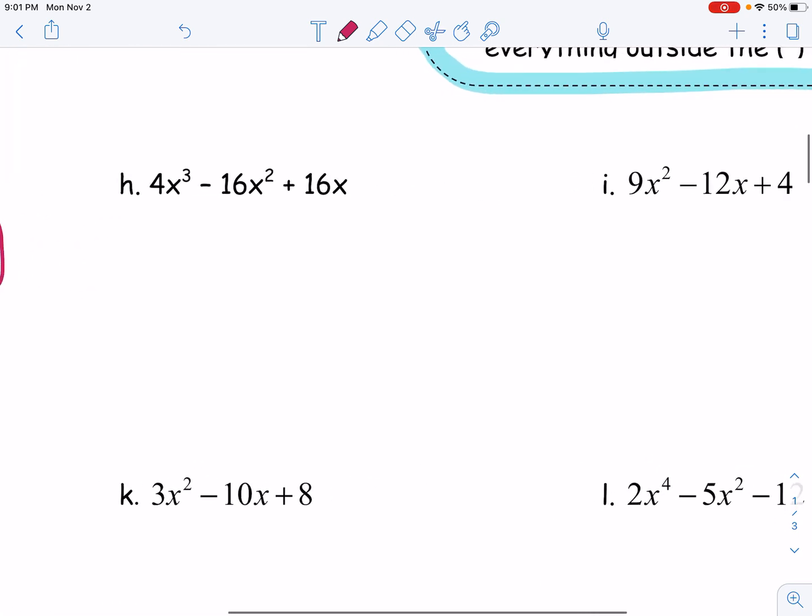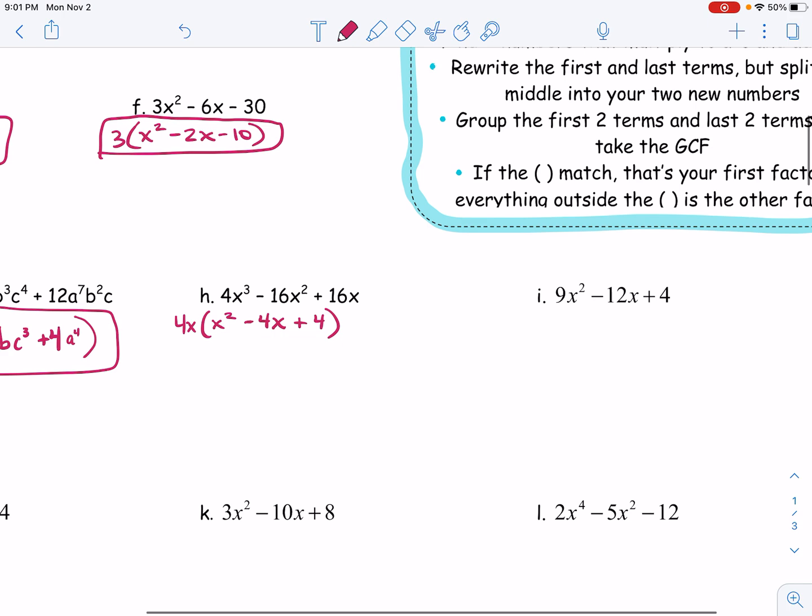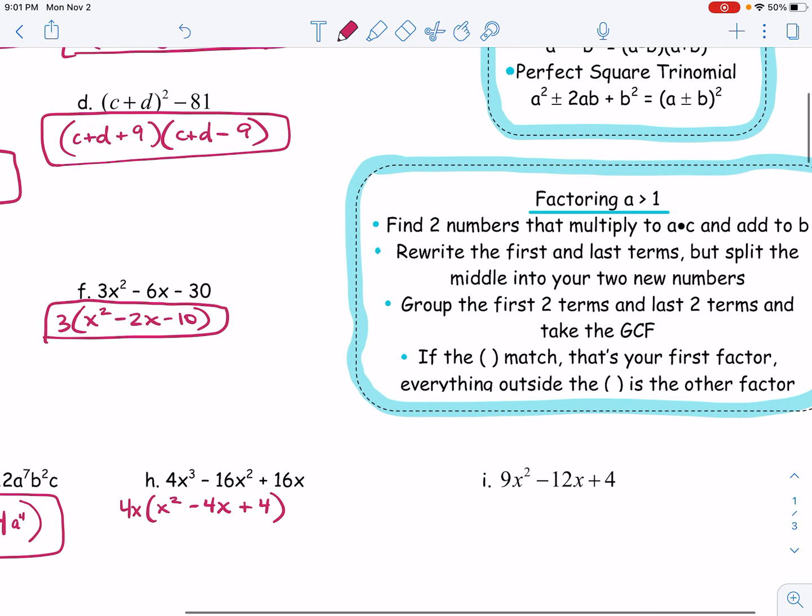GCF, 4, and they all have an x. And so now I have 4x times x squared minus 4x plus 4. When I look at the trinomial inside of the parentheses, I notice that my first term is a perfect square and my last term is a perfect square.